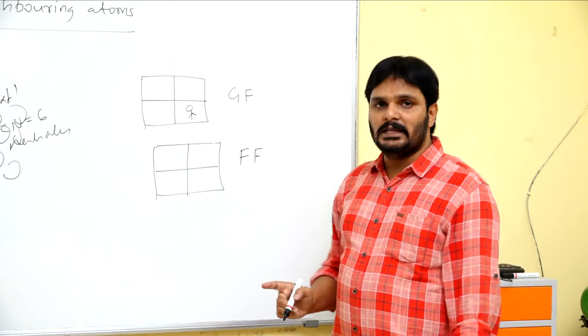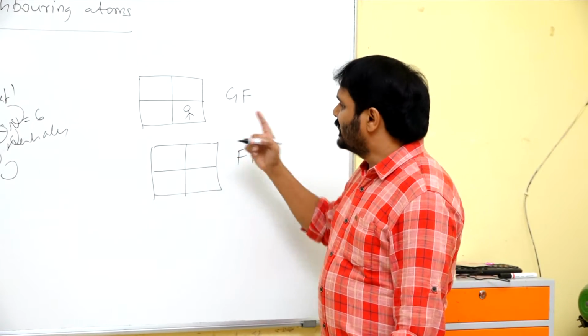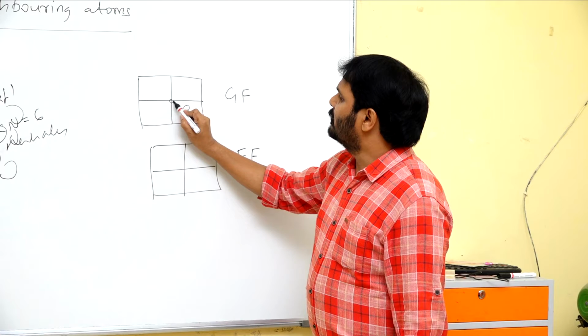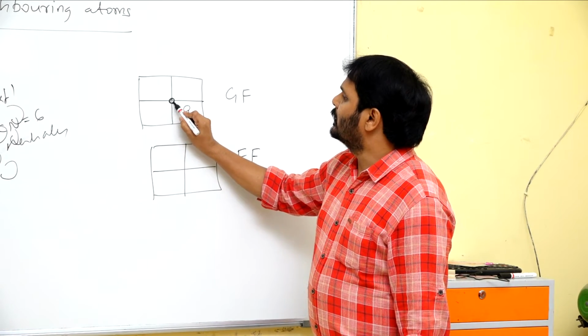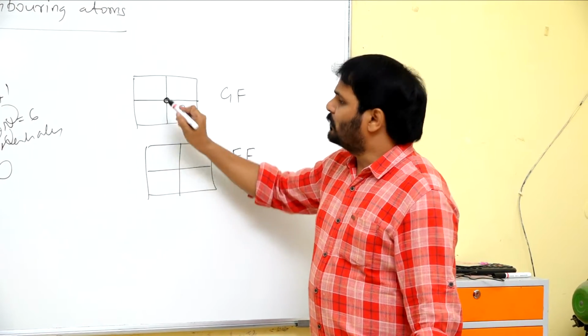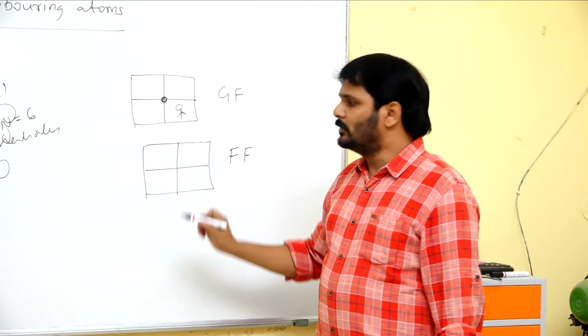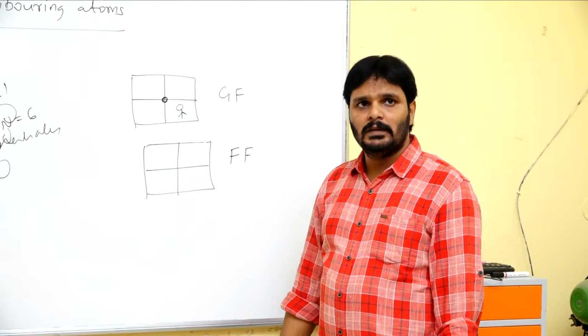Now, just imagine a point on the ground floor shared with 4 rooms, and hence the contribution for each room is 1 by 4.